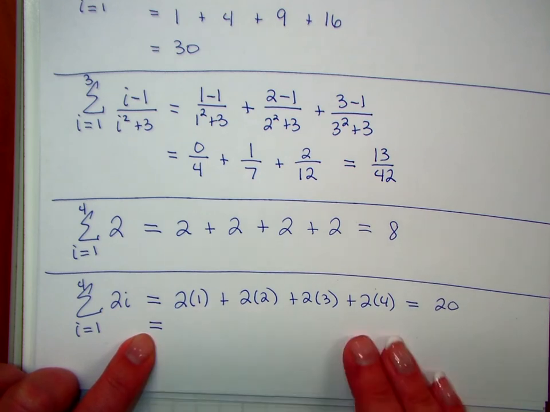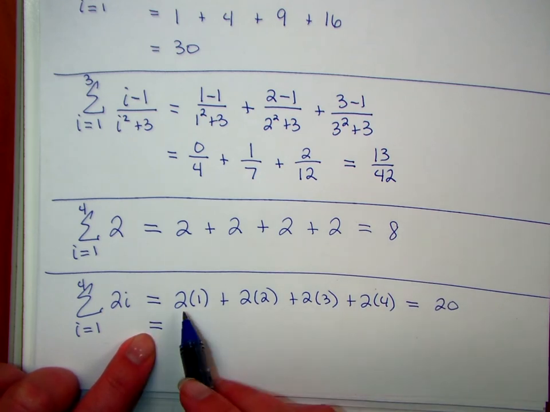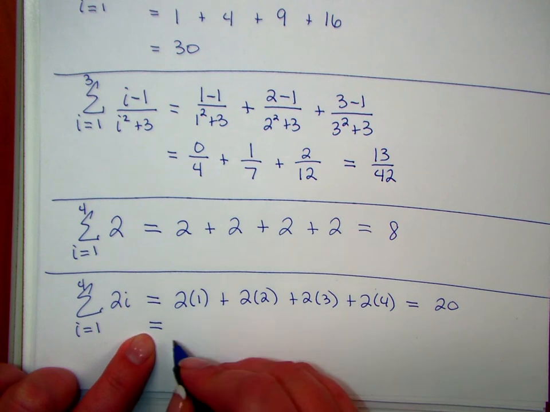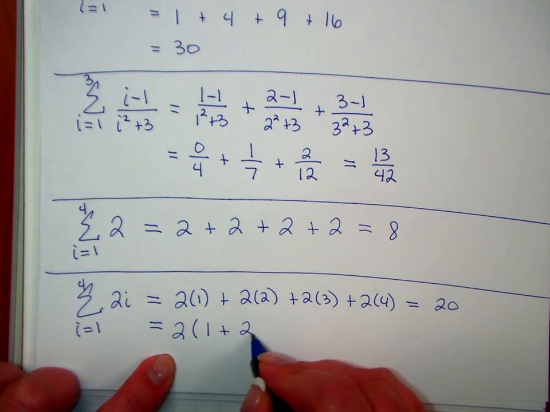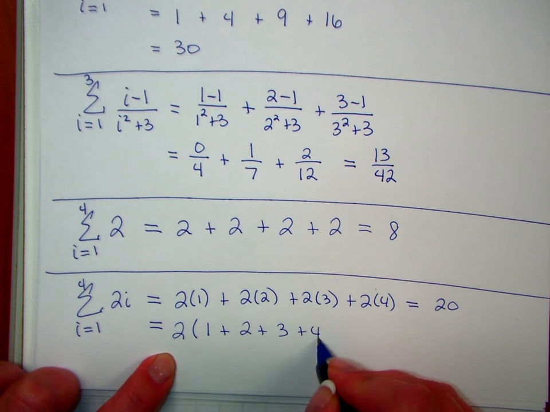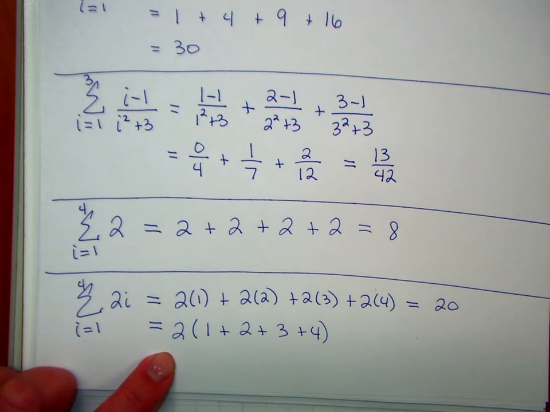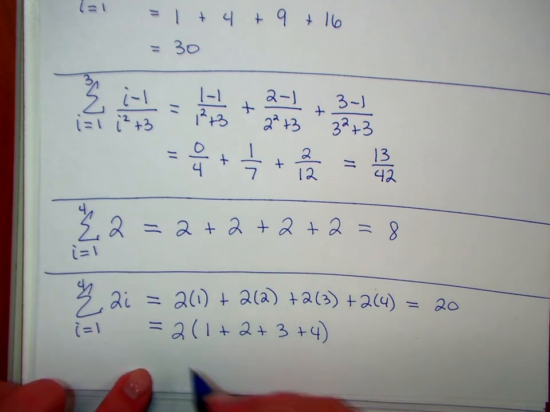But I want to rewrite this. Since every term has a 2, we can write this as 2 times the sum of 1 plus 2 plus 3 plus 4, which is kind of what we did when we did those delta x, right? We factored the delta x and just left our function evaluations on the inside.